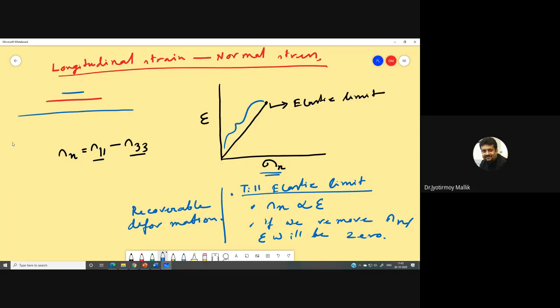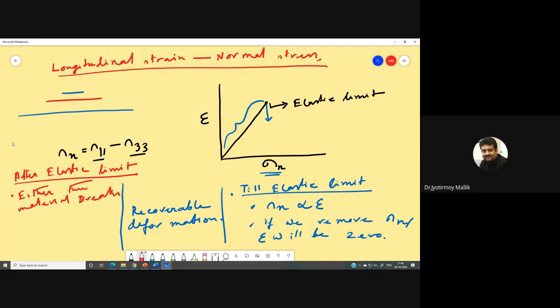And what happens after the elastic limit? Depending on the material, either it breaks or plastic deformation starts.